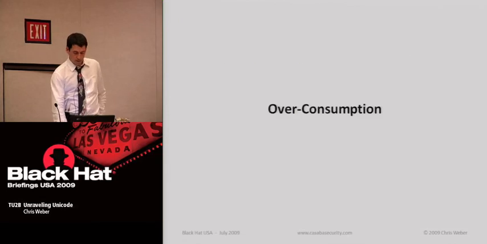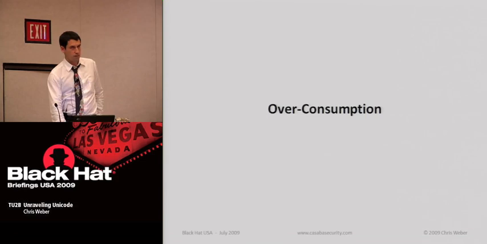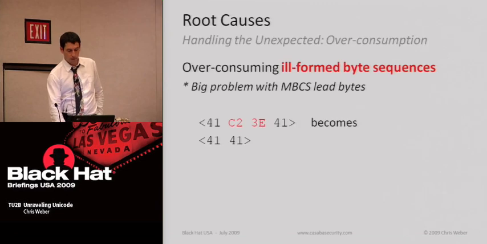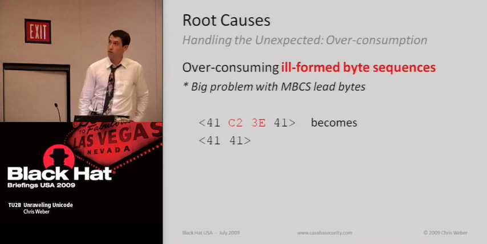There's also this other attack vector called overconsumption. Some people call it swallowing or absorption or eating characters. Unicode actually has a name for it. So I'm just going to stick to the name of overconsumption.